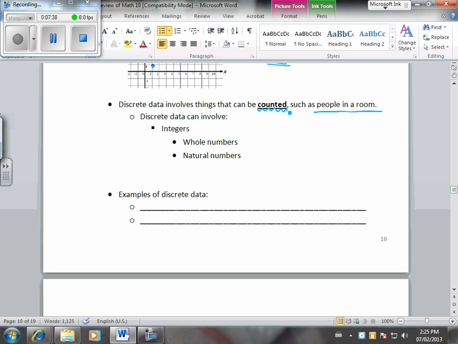When we're working with discrete data, we can involve things like integers. The symbol for integers is capital I. For whole numbers, the symbol is capital W, and for natural numbers, capital N. What are integers? You'll see this in the booklet that I give you on Tuesday, but integers include things like -2, -1, 0, 1, 2, 3.